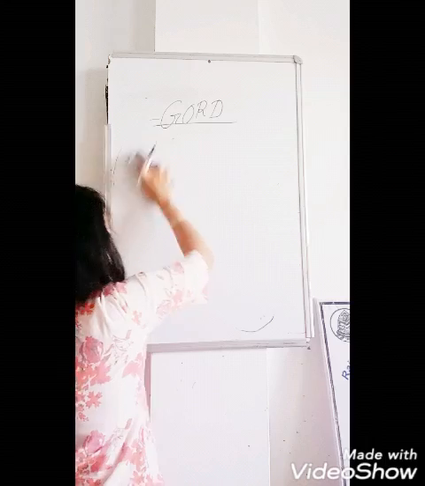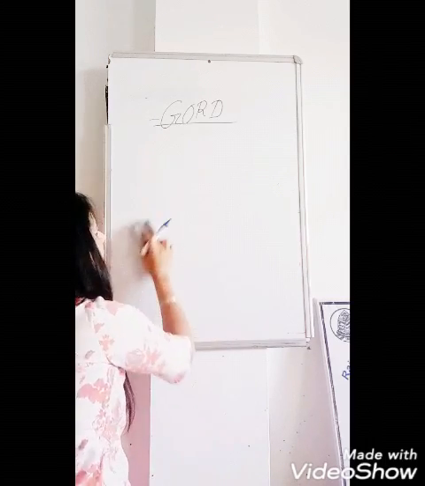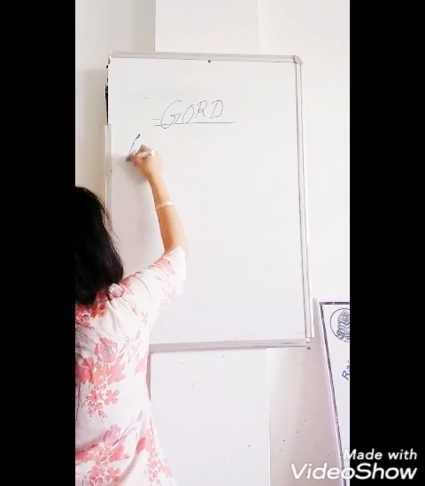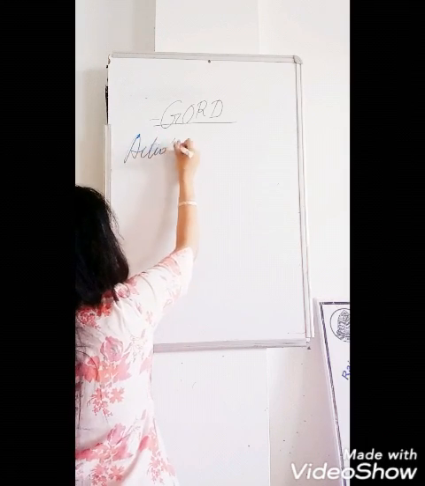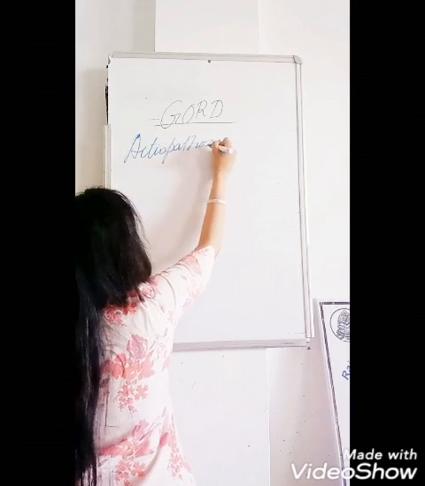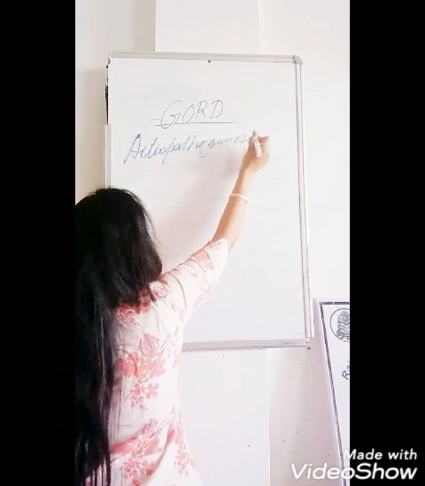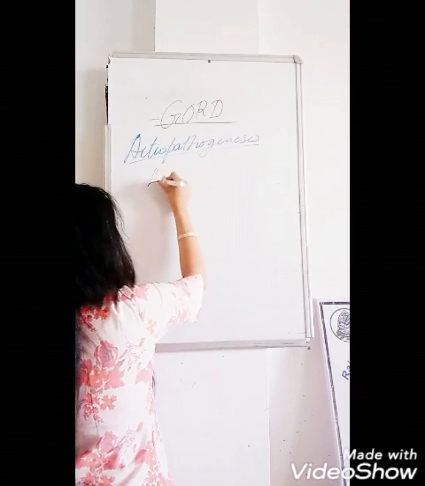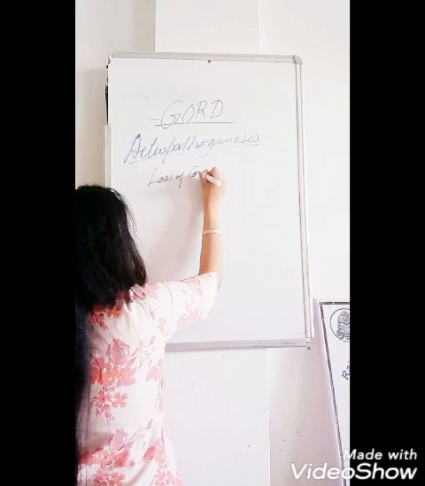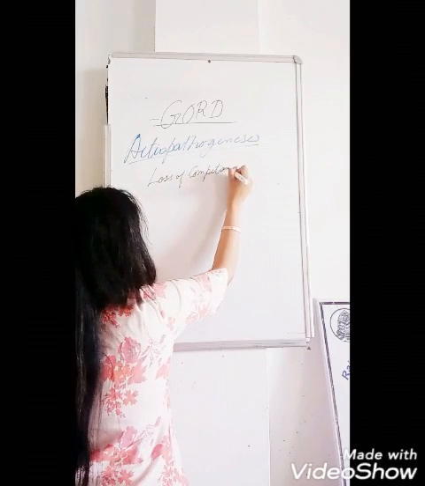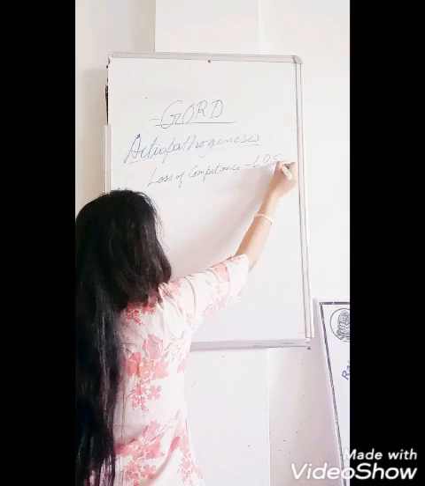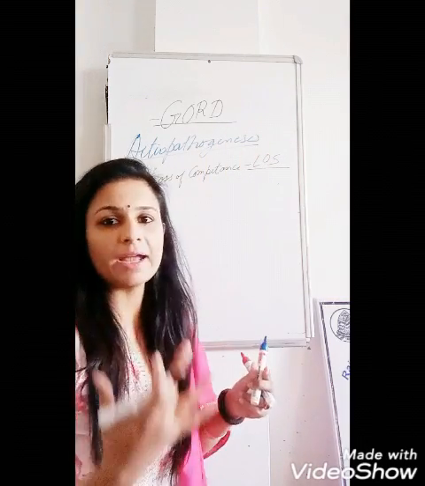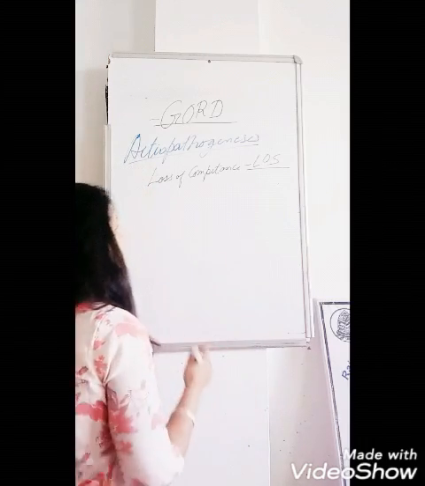Now let's understand the etiopathogenesis of GORD, or gastroesophageal reflux disease. Now what will happen, because there is loss of competence of the lower esophageal sphincter, the acid will reflux back from the stomach into the esophagus.